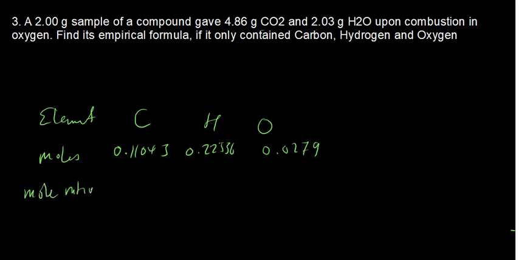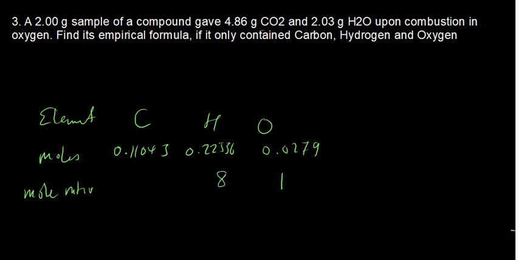This one divided by itself will give us 1. Then 0.22536 divided by 0.0279 is giving us about 8.